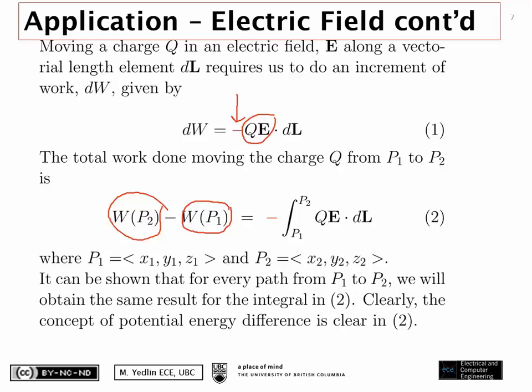Now, it can be shown, this is for the mathematician, that for every path from P1 to P2, we will get the same result for the integral in 2. Also, I think it's very clear that the concept of potential energy difference is visible in equation 2.